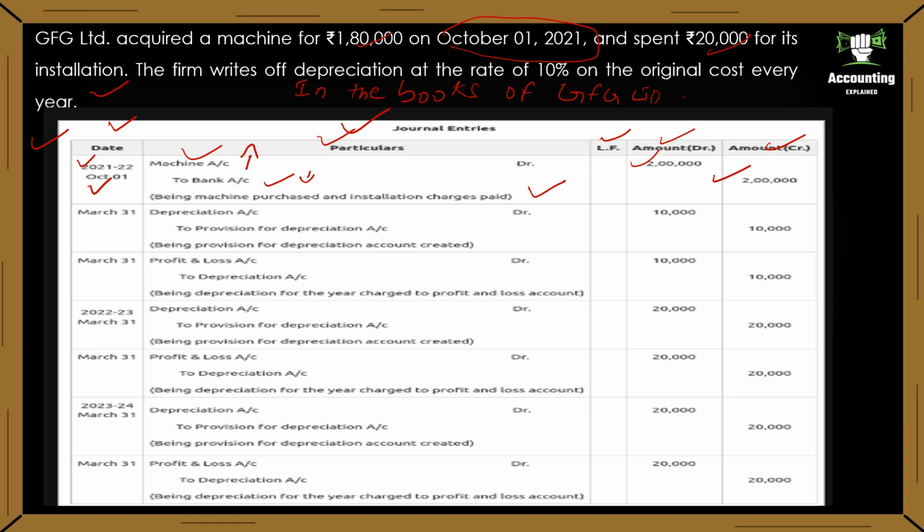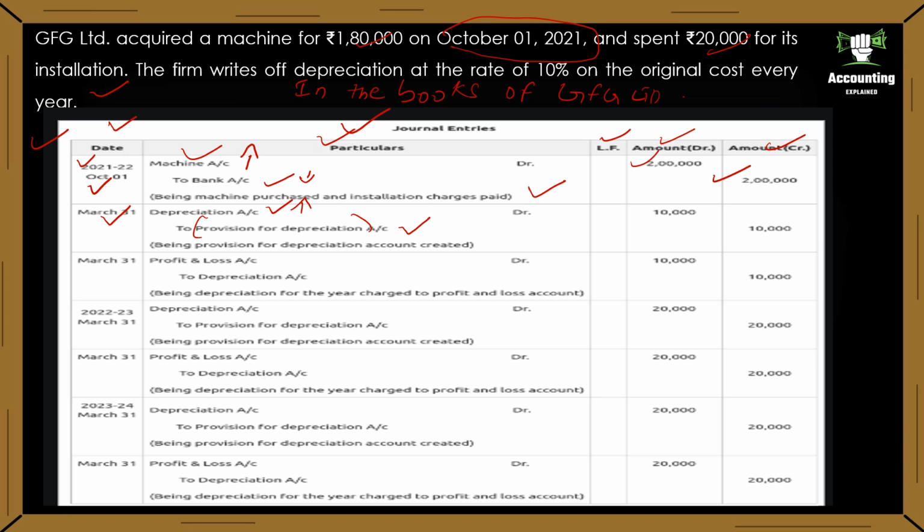So what is the second entry, for creation of provision? That should be done at the end of the year. We saw in the question that they close the books on March 31st. So we have to pass the entry for creating provision on March 31st. The entry for that is depreciation account debit to provision for depreciation. Depreciation is an expense. When the expense increases, debit it. Similarly, provision for depreciation is a provision liability you are creating on the fixed asset.